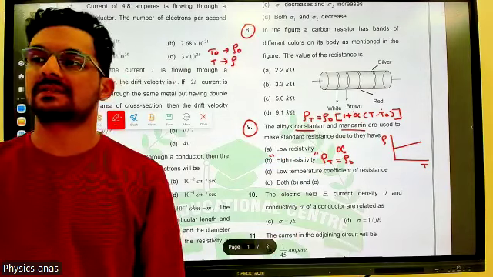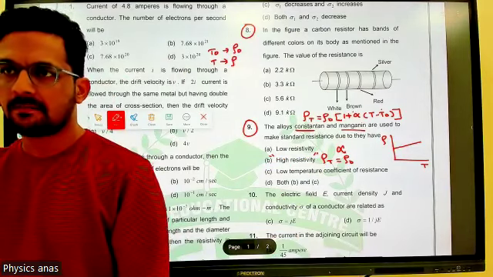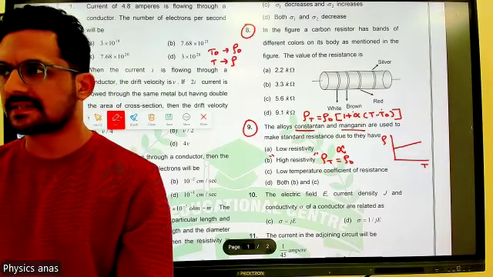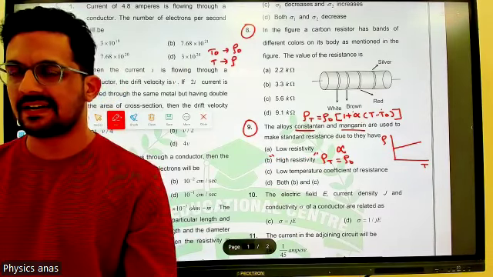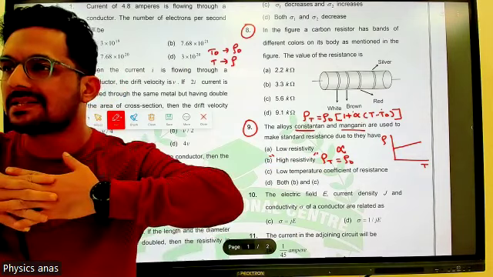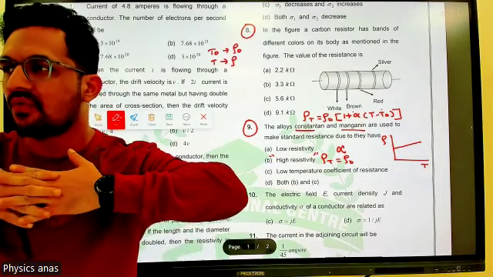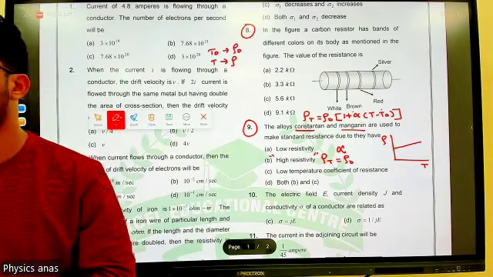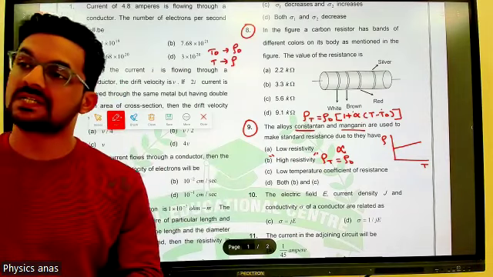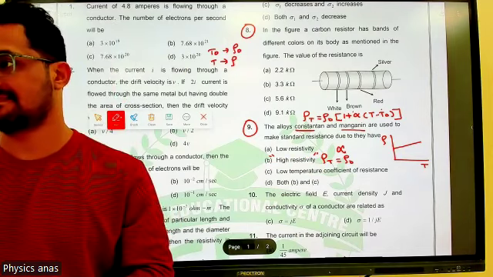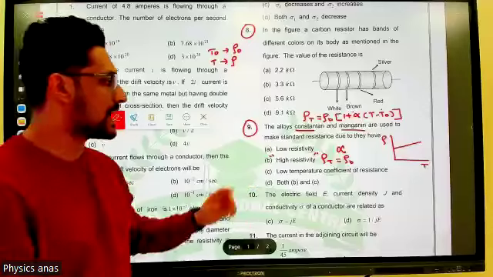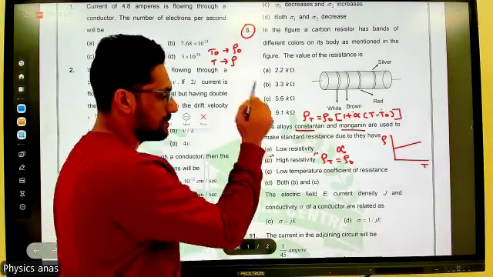You may have studied that pure metals have lesser resistivity. If you combine metals, you get an alloy. For metal alloys, resistivity will be high. So high resistivity and low temperature coefficient.